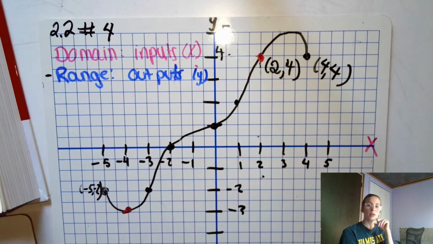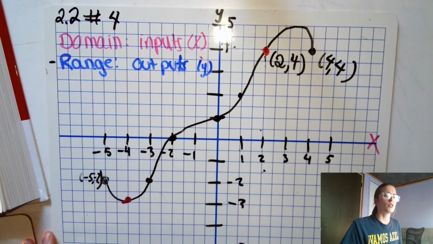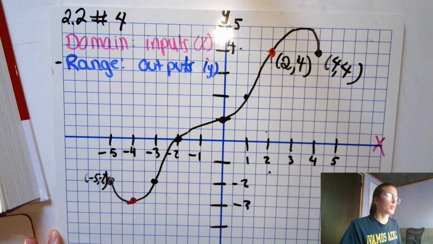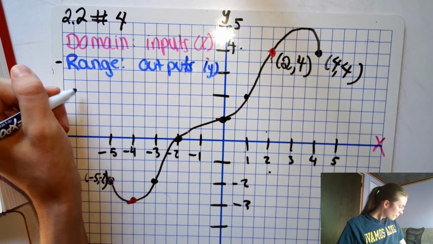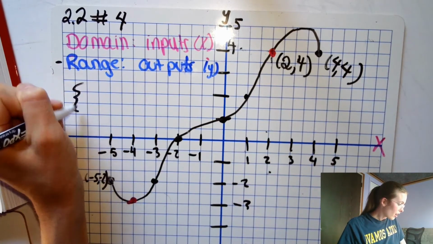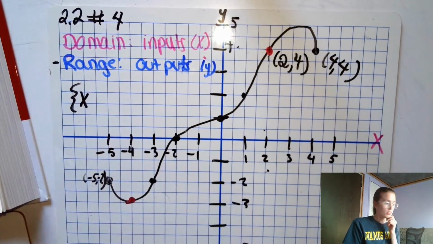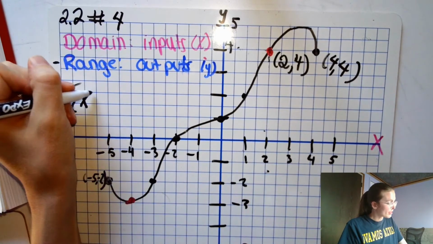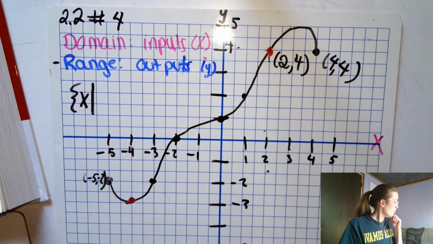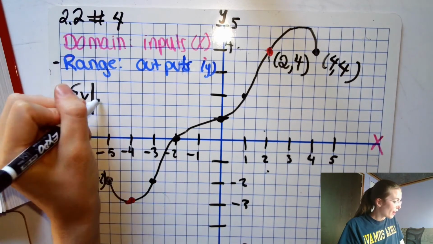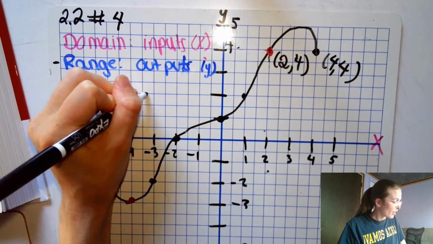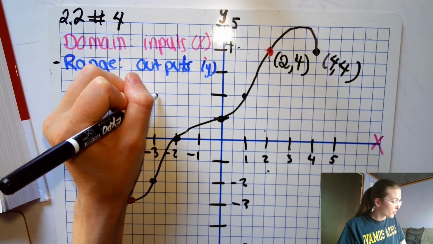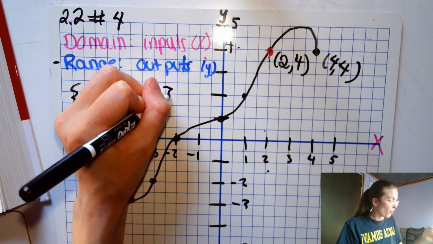So the way we write this takes a little bit of getting used to, but I'll try to explain it so that it's pretty clear. We write the set of x values, and then this bar means such that, x greater than or equal to -5 and x less than or equal to 4.